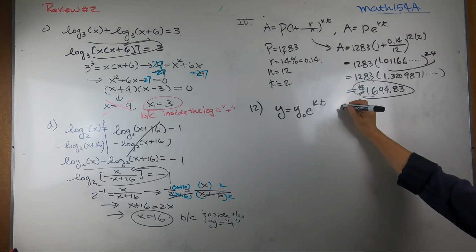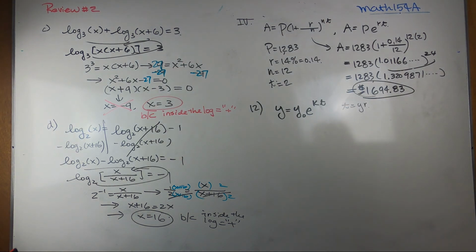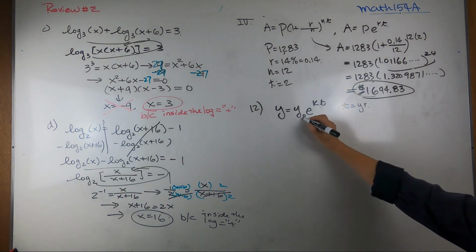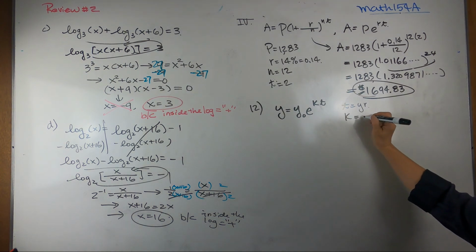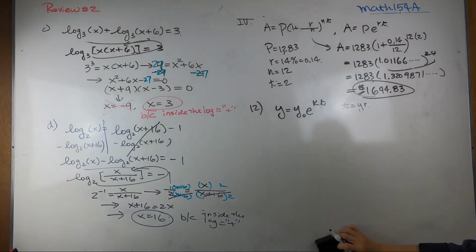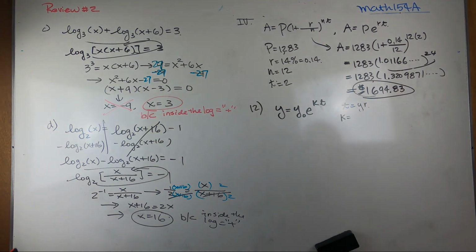T is the number of years it decays. Then k is the growth or decay indicator.